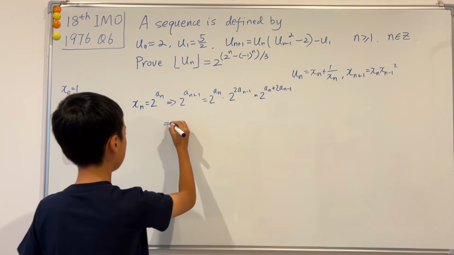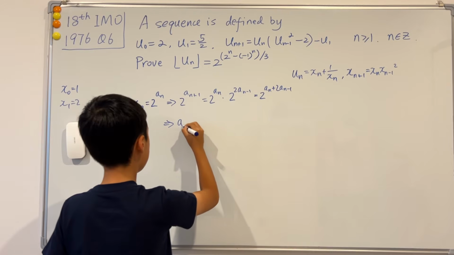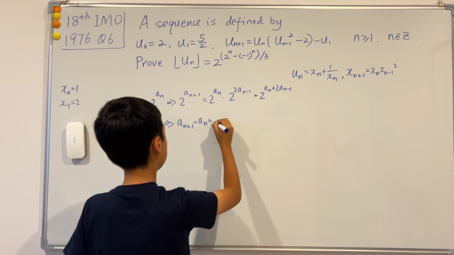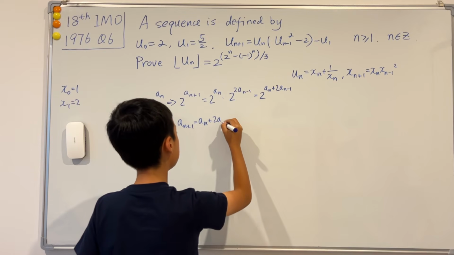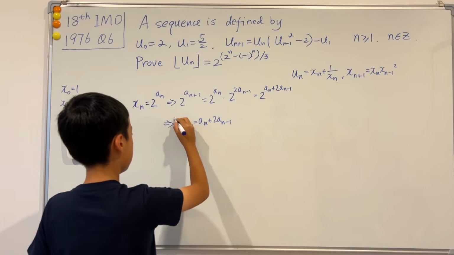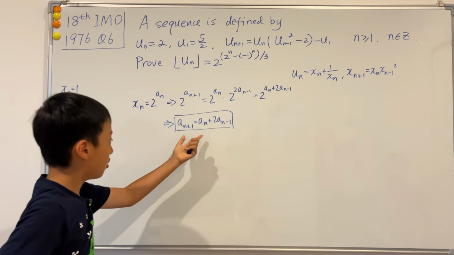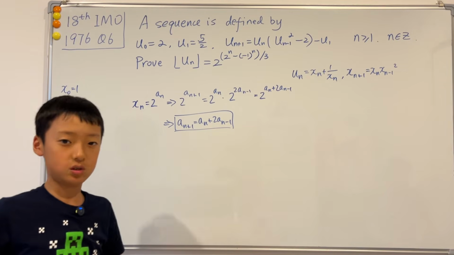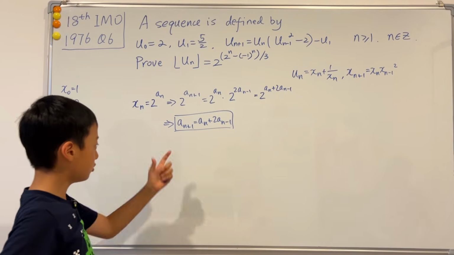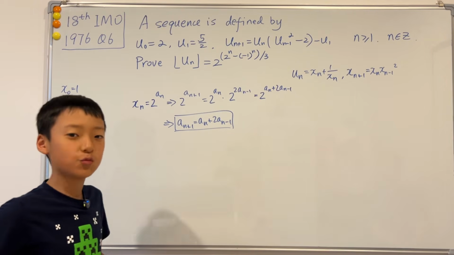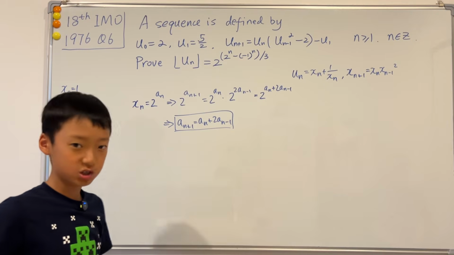So from here we get an plus 1 is equal to an plus 2an minus 1. So now this is a typical recursive equation. So what do we do from here? Well, I'm going to create a characteristic equation for this equation.